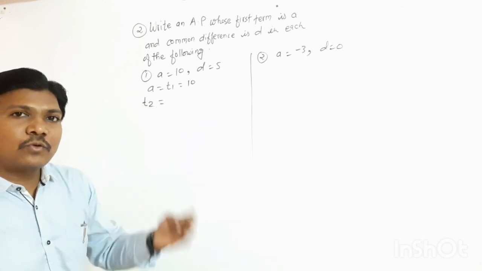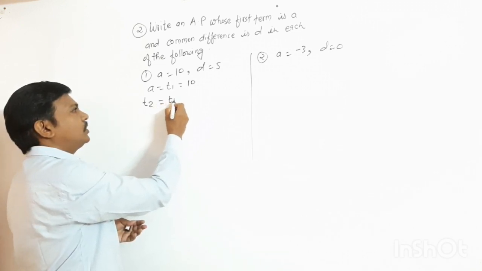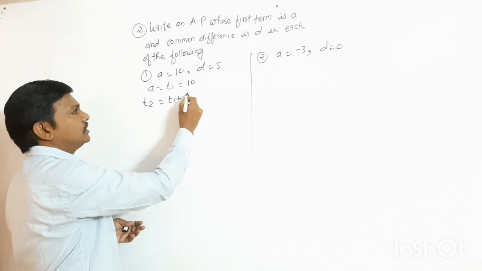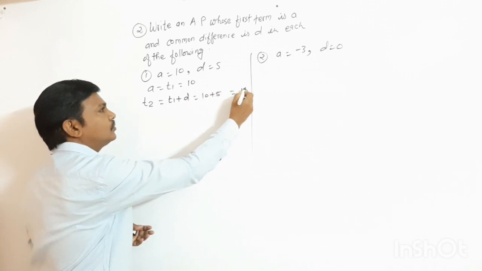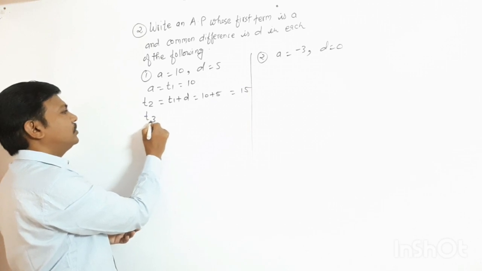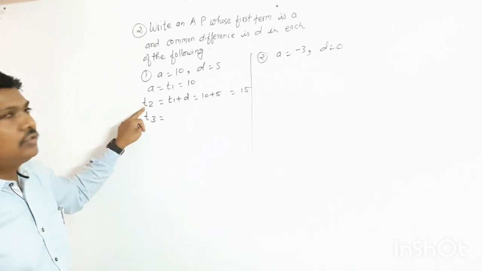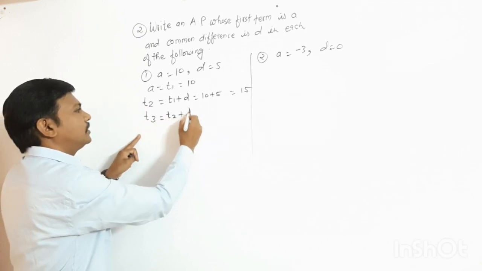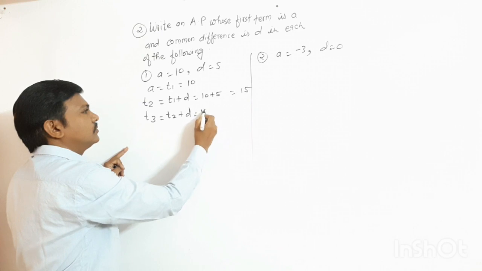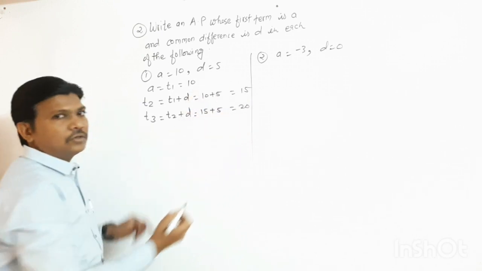And then how can you find T2, means second term? So we add this common difference each time. So T2, that is T1 plus D, means 10 plus 5, that is 15. Then how can you find the third term? So again we add D to the second term, means T2 plus D. So T2 is 15 plus 5, that is 20.